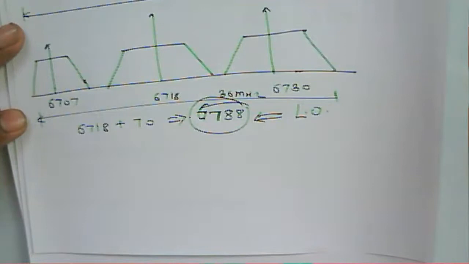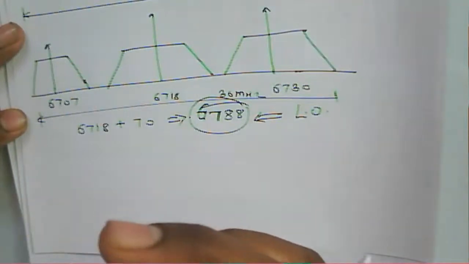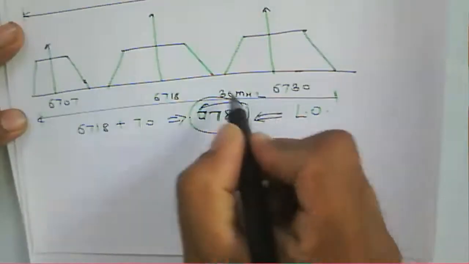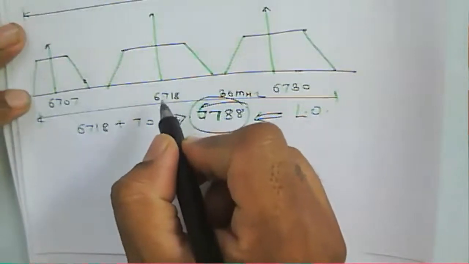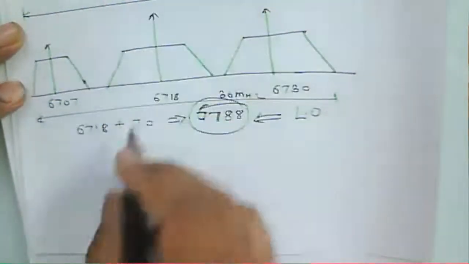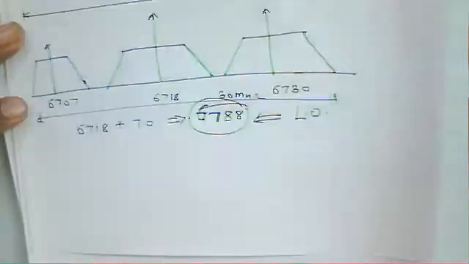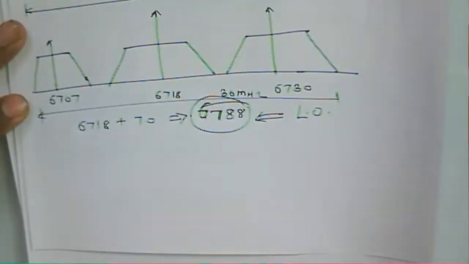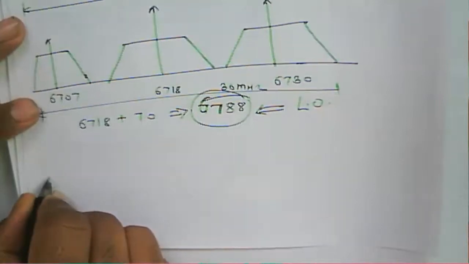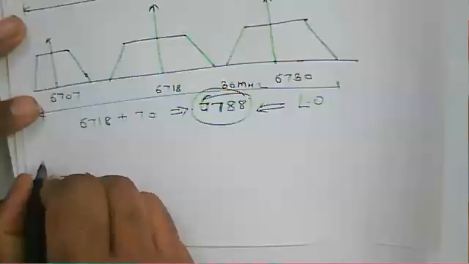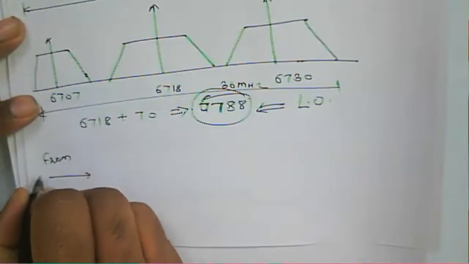So in that case, if we want to get this particular 6718 megahertz of RF band output here for this particular signal, then what do we require? We require the input from the modulator.